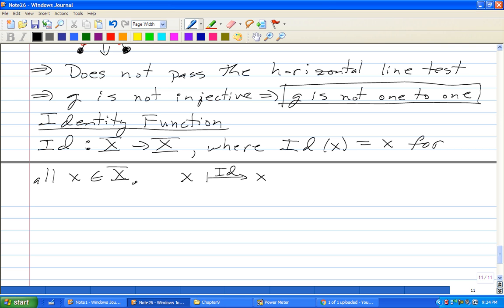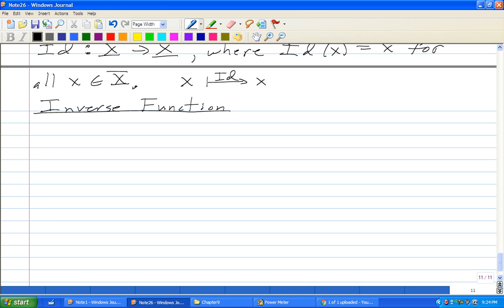The inverse function. Let f map x to y, and let this be an injective function.